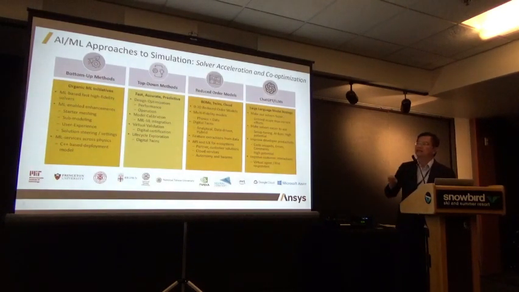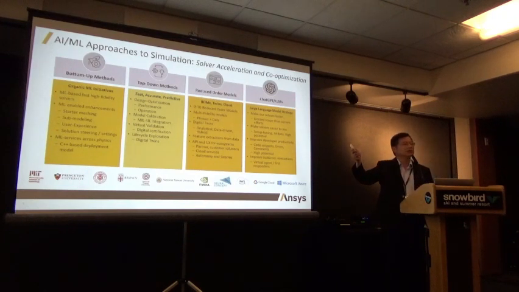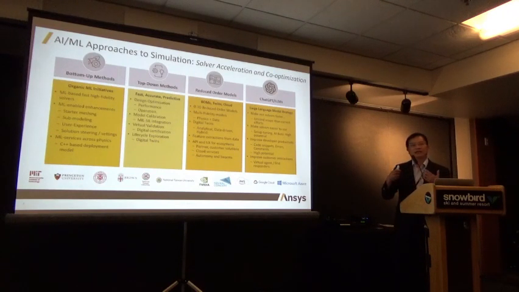So we'll cover several areas today. These are the 4 areas of machine learning that we are working on. That started from the organic development of machine learning algorithms to speed up our solvers, and also for co-optimization. I will talk about more details and give you some examples. And the top-down methods mean that we can apply a black box co-optimization algorithm, such as from the company called OptiSLang that we acquired 5 years ago.